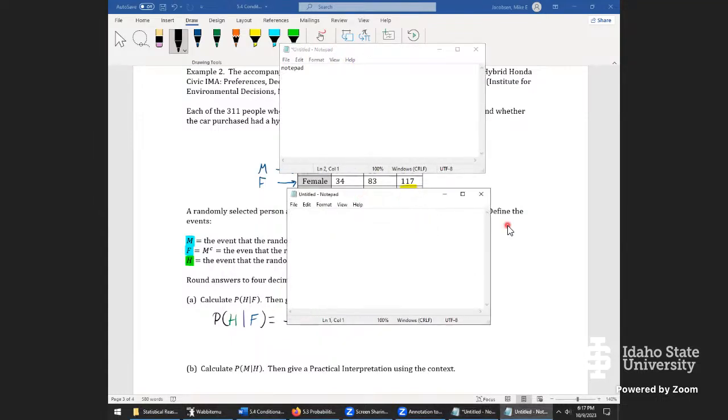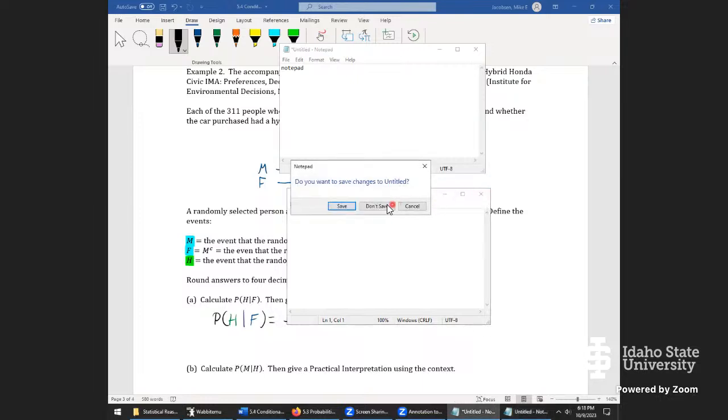So pretend those are real note cards. There are 117 different ways a female could be selected. We're doing equally likely events, so all the participants had an equal chance of being selected. So that 117 just goes right to the denominator. Does that make sense to folks on where that 117 comes from?